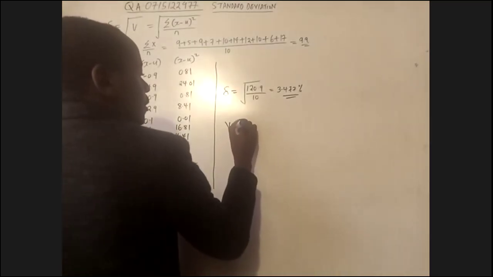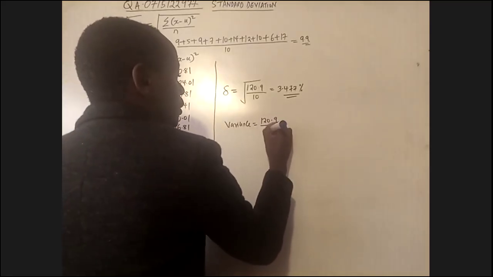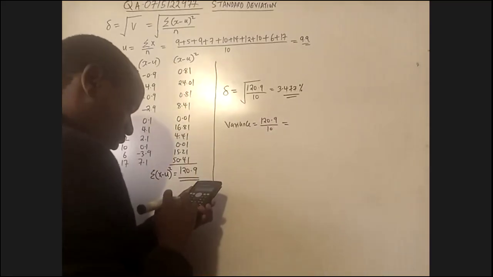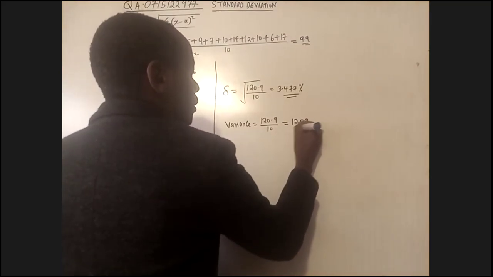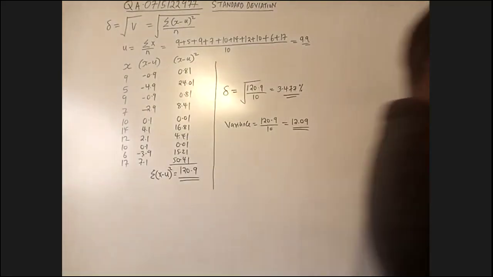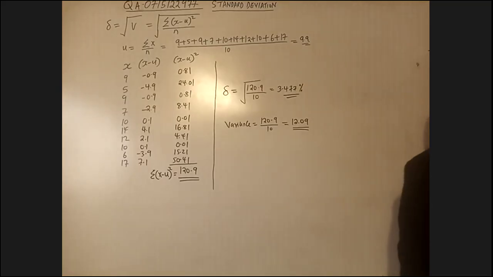But remember our variance is equal to 120.9 over 10. That's our variance. So 120.9 divided by 10 is 12.09. Any question concerning that? Now, when we use that formula, x minus mean over n, then you find the square root of that.